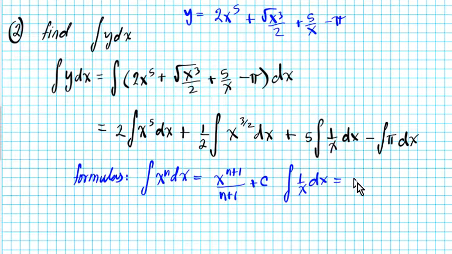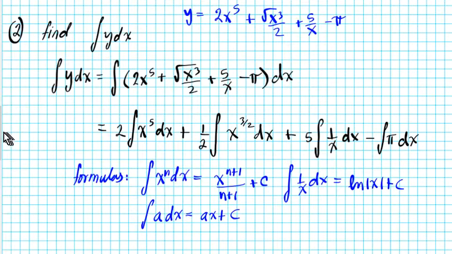So if you integrate that, this is a natural logarithm of the absolute value of x plus c. And the constant rule, the integral of a constant, is simply ax plus c. So these are the 3 formulas that we're going to be using for this example.